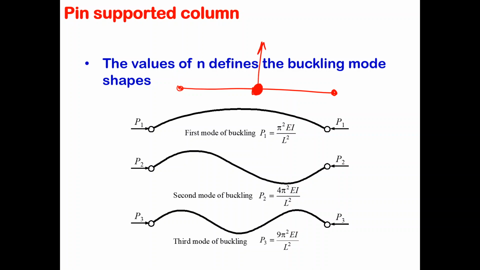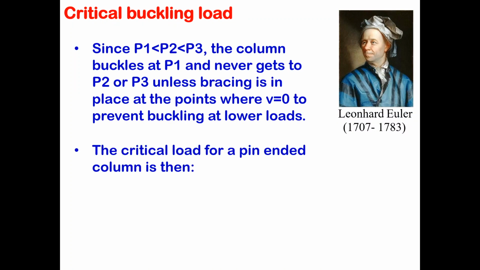It won't move, so with P1, nothing will happen. It won't buckle. But if you increase the compressive load, it can buckle from here and here, right? So if you have some sort of bracing in place, you can get to other modes of buckling of columns, right?